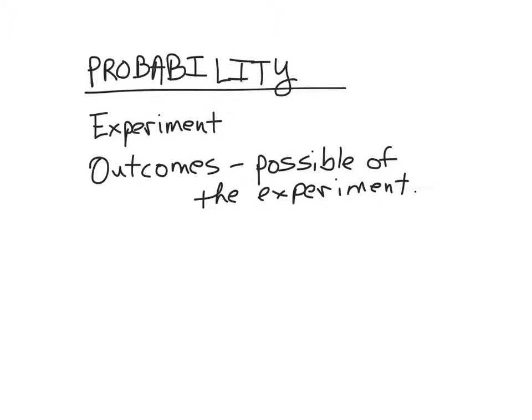Now, the most important phrase that you're going to learn here in the next few minutes is probably this one. Sample space. So I'm going to say this many times today and throughout this chapter. If you've got a probability problem that you don't know where to start with, then start with the sample space.